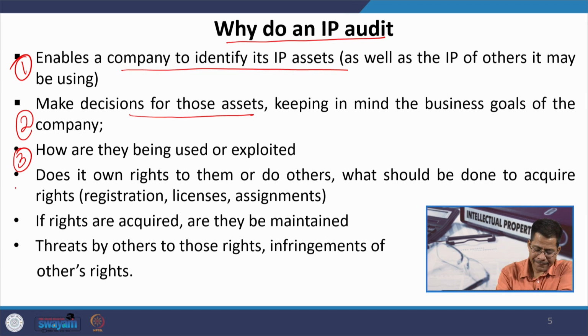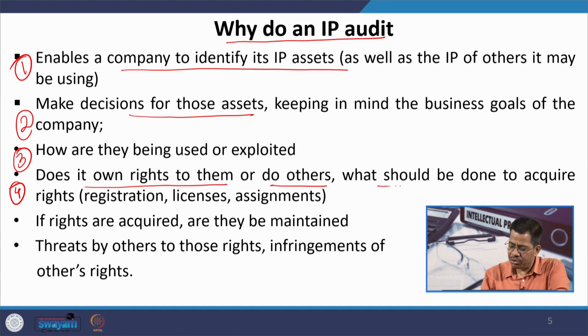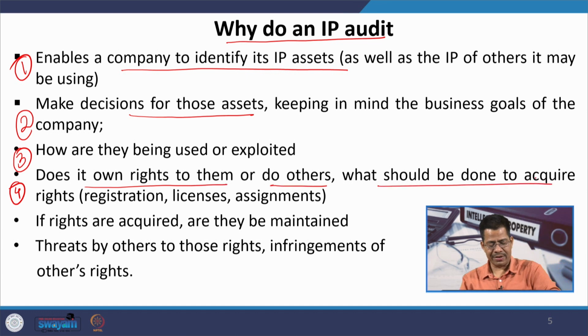Another thing is, does it own rights to them or do others? What should be done to acquire rights? For example, in your IP asset audit, you realize that you are using some technology which you are not owning, which is available with somebody else. Then what type of licensing or assignment agreements need to be signed with them? That also is only possible when you do a thorough IP audit.